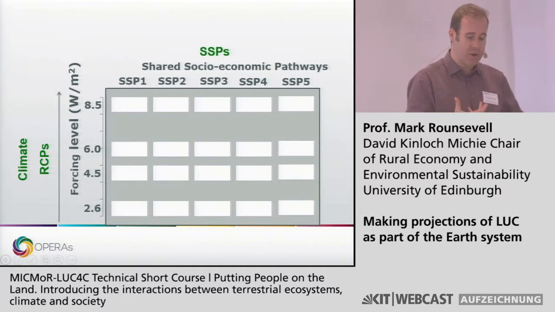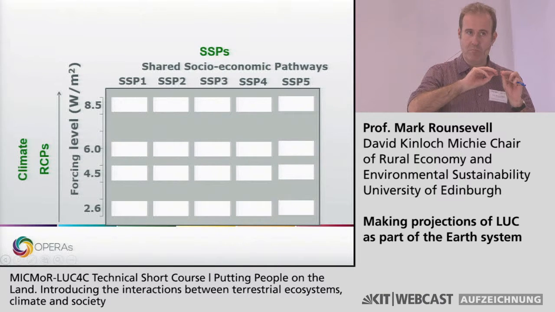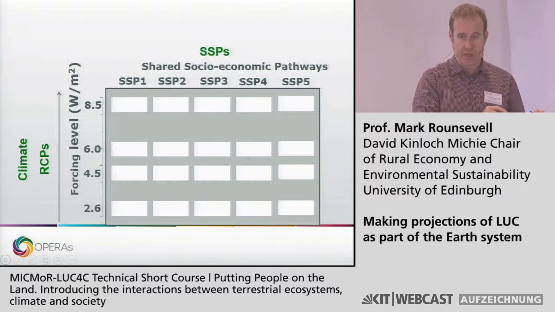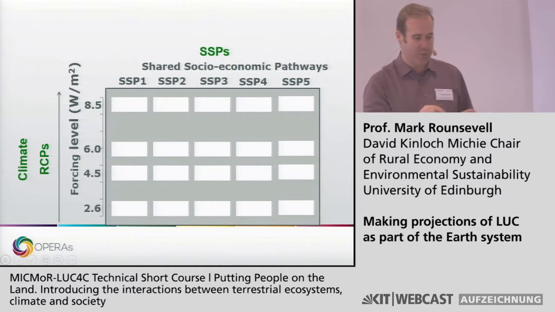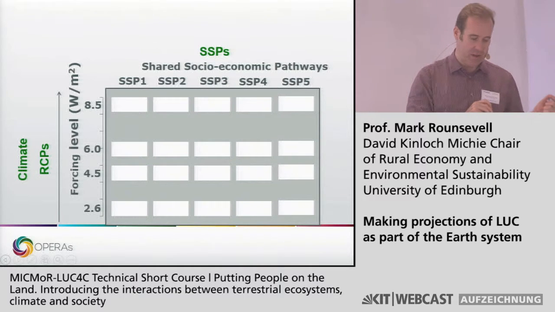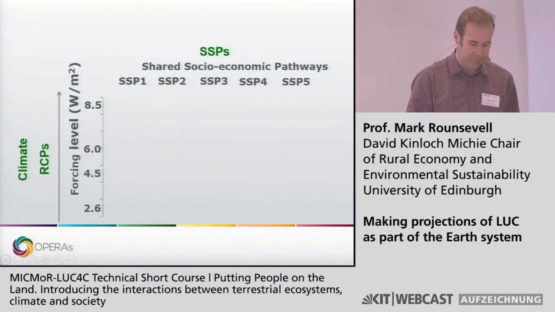In fact, in the new approach, there's no definition of what socio-economic pathway should go with which climate. In principle, the argument is that all combinations are possible. In practice, they probably aren't. And for the benefit of the exercise here today, we're just going to choose one RCP to go with one SSP, just so you have time to do those runs.